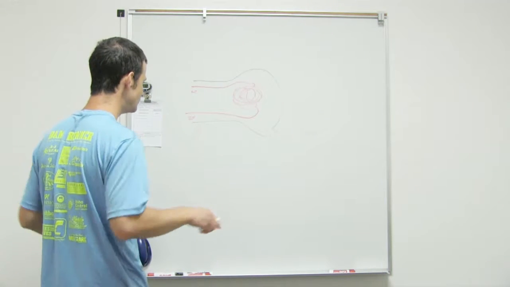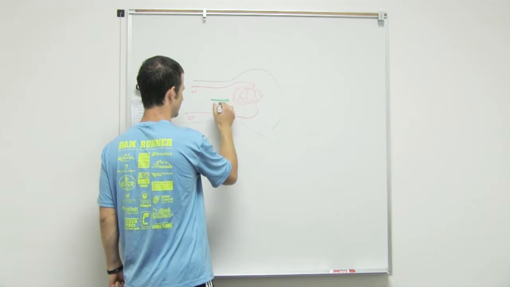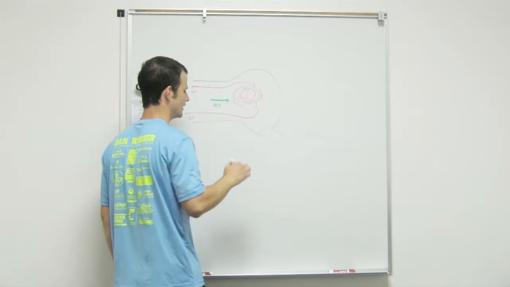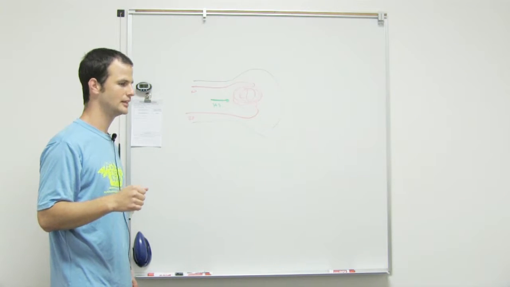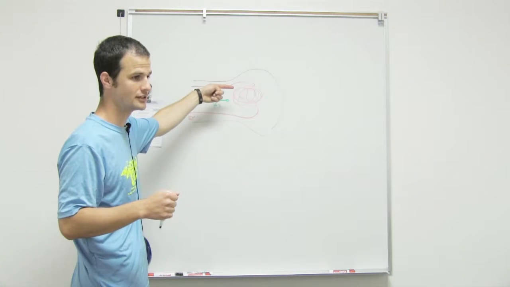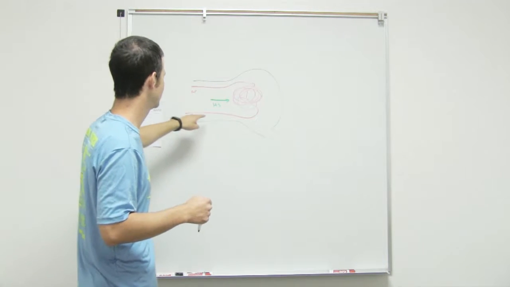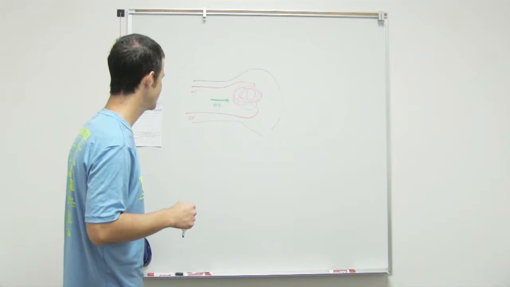So the pressure pushing outward is called the hydrostatic pressure, and this pressure comes from basically your systemic blood pressure, the pressure coming in this way from the rest of your body.